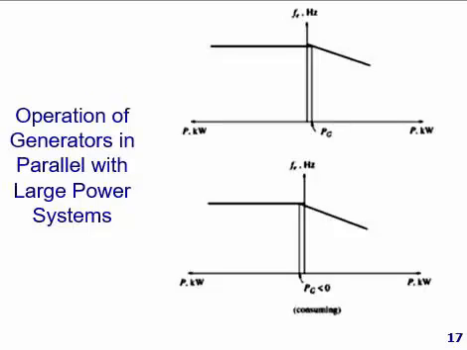Suppose the generator had been paralleled to the line, but instead of being at a slightly higher frequency than the running system, it was at a slightly lower frequency. As you can see in this diagram, it is slightly on the lower side of the operating frequency.